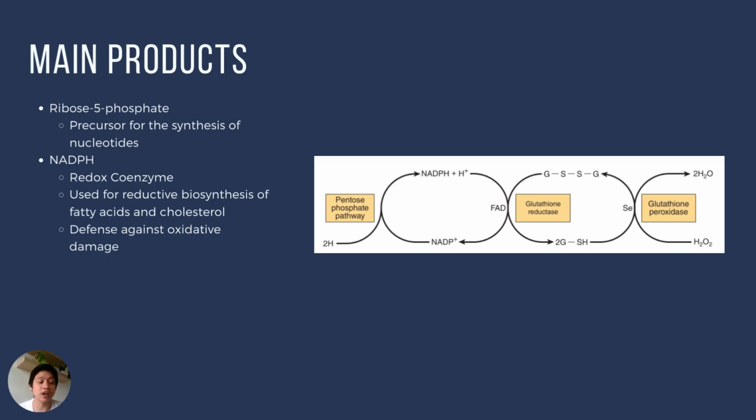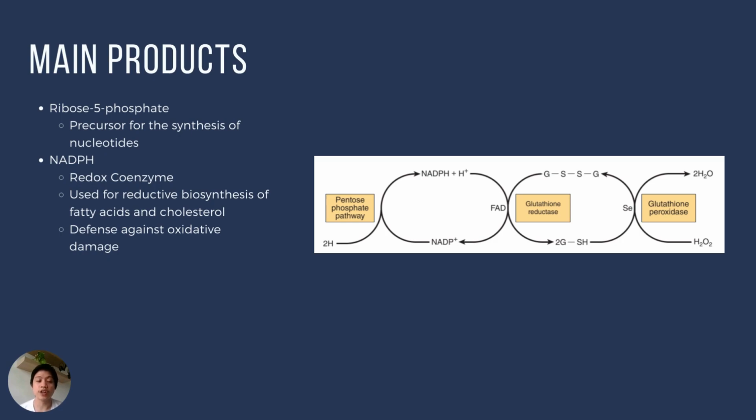So the next product would be reduced NADP or NADPH. It is a redox coenzyme, which means it participates in reduction-oxidation reactions. It is used for reductive biosynthesis of fatty acids and cholesterol.